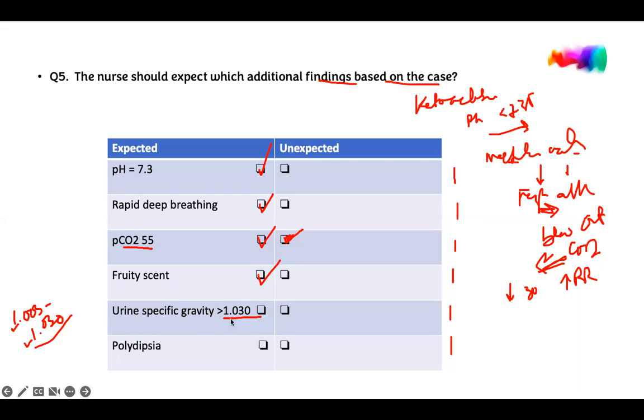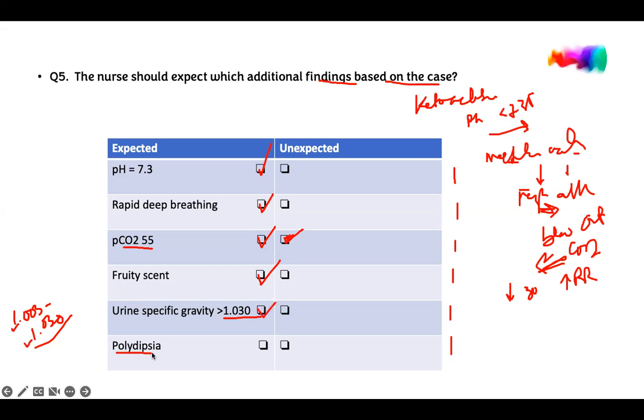For these people, they're having diuresis. Their urine cannot be concentrated. It will be a lot of fluid. There's glucose in it, but they will lose a lot of water. So osmotic diuresis. So I would choose that way.